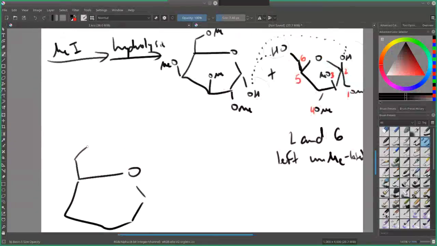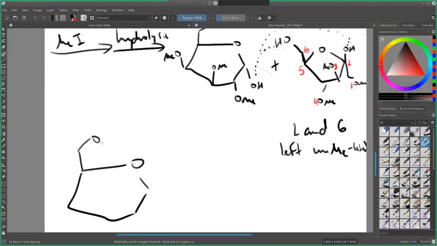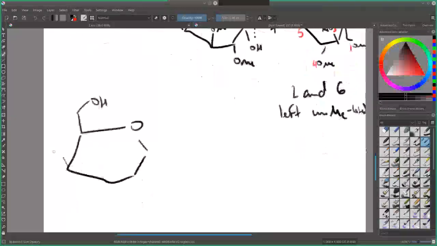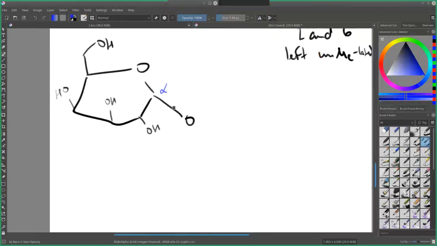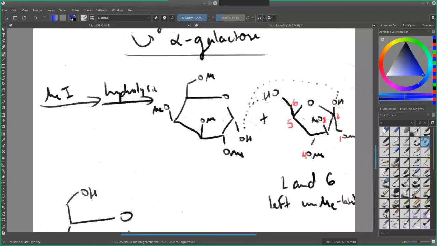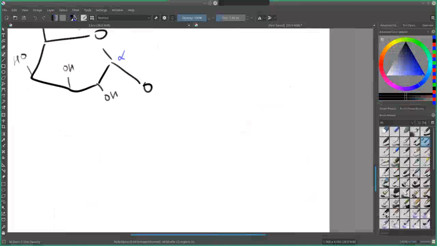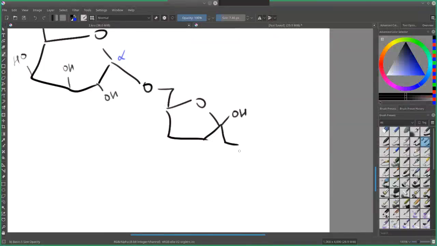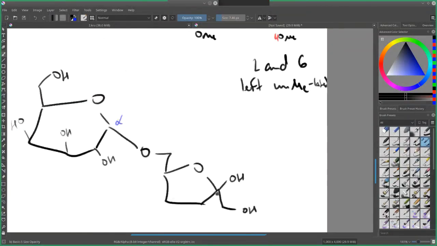Let's draw the structure out. So, whoops, not methylated, right? This OH is up. This one's also up, down. We know that this one's alpha, and alpha is down, right? So put alpha there. Okay, and now it's at that 6th position. So for fructose, where were the rest of them?